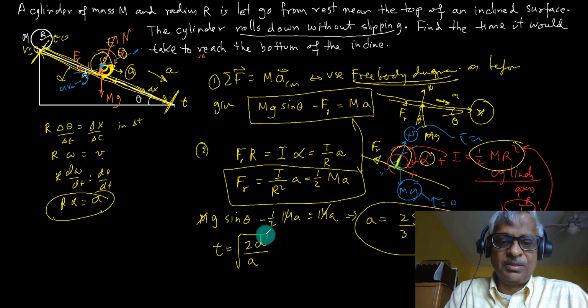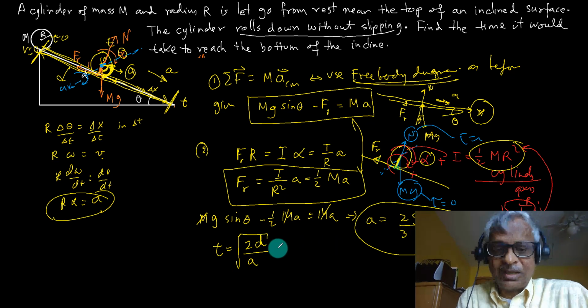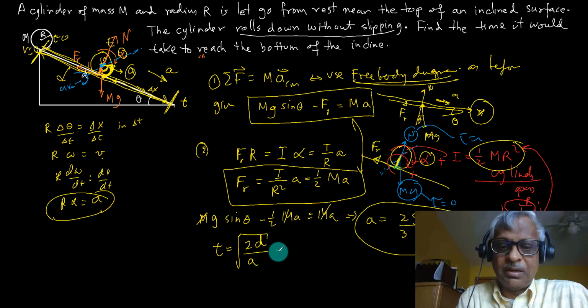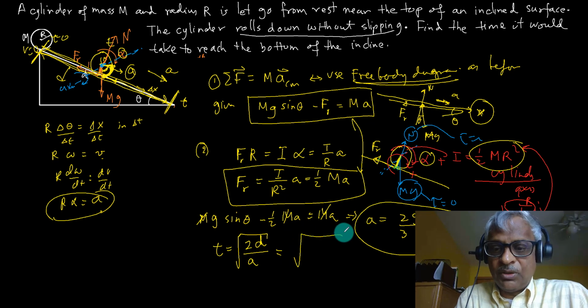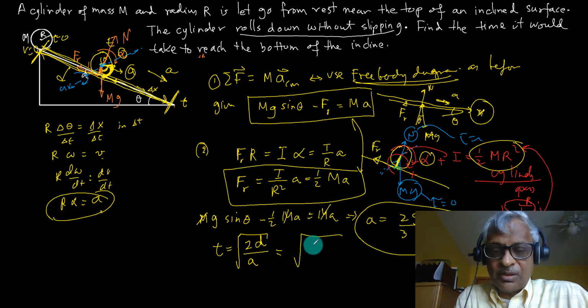So putting a in there, the square root of 2 will cancel out. You have the square root of 3d over g sine theta.